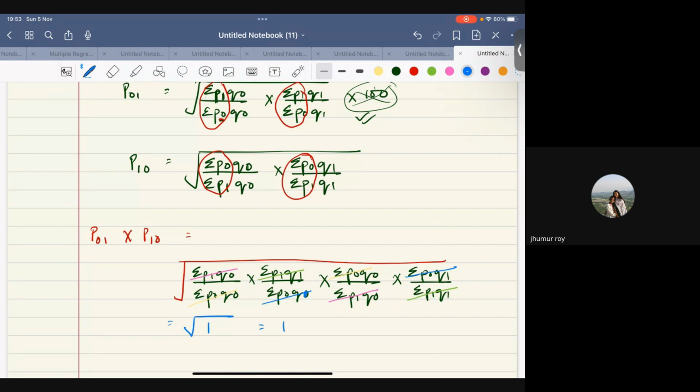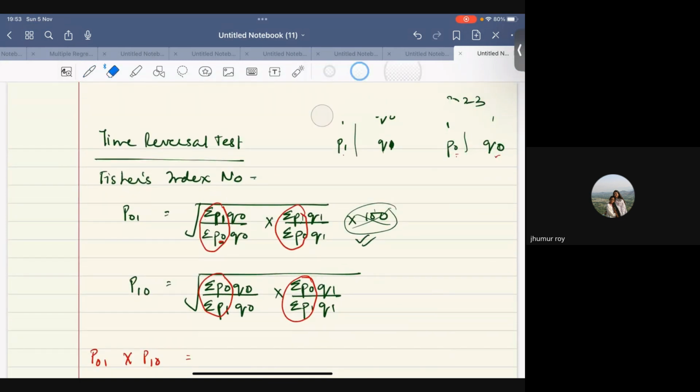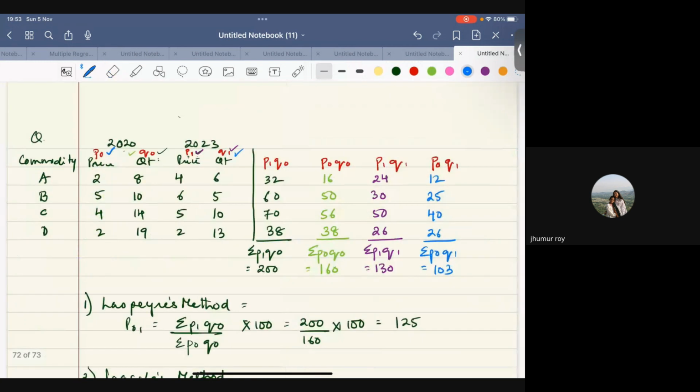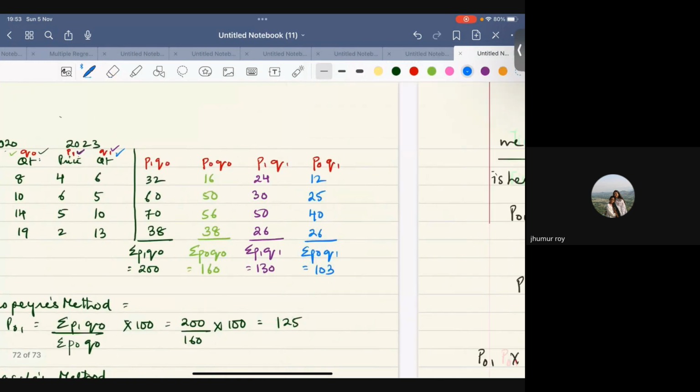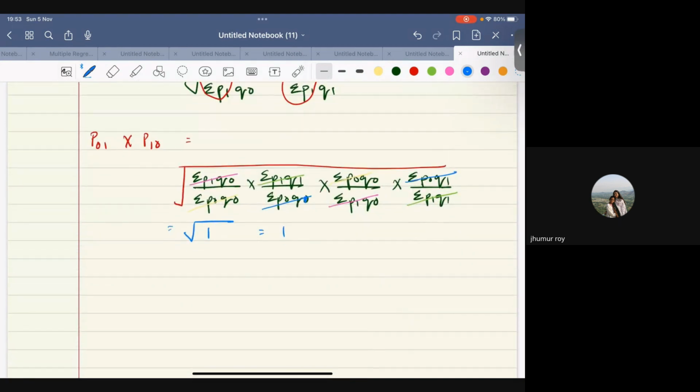So you don't have to recalculate the values. Nothing you have to do. You don't have to do any of this calculation. Let me delete this. From the same table only, you can put in the values. So that will only get you the answers. Nothing has to be changed. We just have to put the same values.